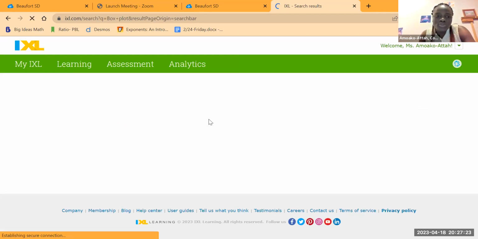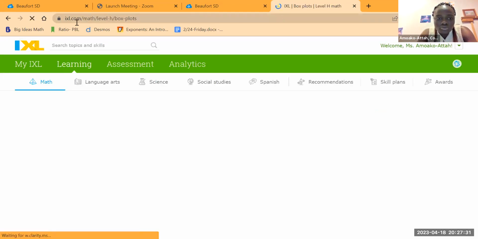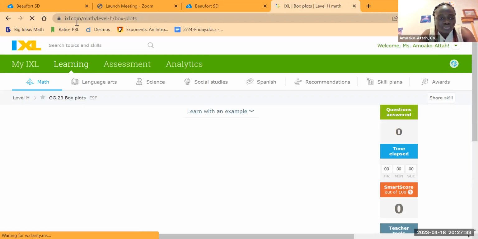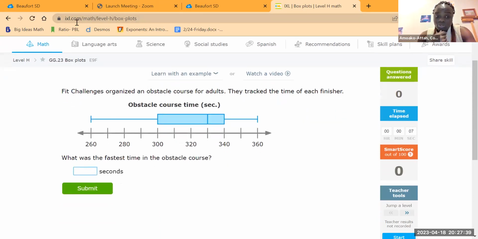It helps you to assess or practice most of the skills as you learn in class to become mastery over it. So now we have this box plot here on iExcel. I'm going to practice 1 or 2 questions with you, and that will be all for now.